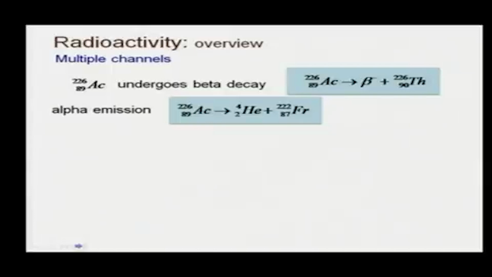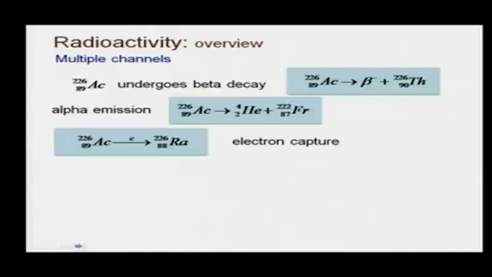Say, for example, if you take actinium, which has 89 protons, with mass number 226, it is observed that this isotope of actinium beta decays to thorium 90, and it also undergoes alpha emission to francium with 87 protons in it.